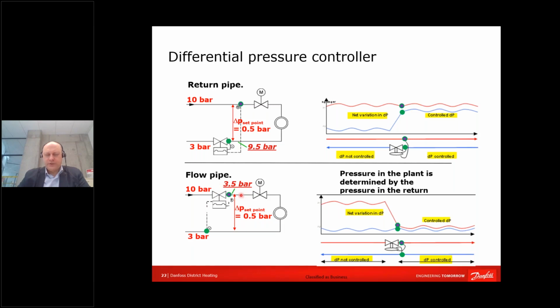Then pressure after the pressure controller is smaller. It's just throttled. So to wrap up, we may say that application is more stable in many cases. And we are quite often installing differential pressure controllers on the supply line.